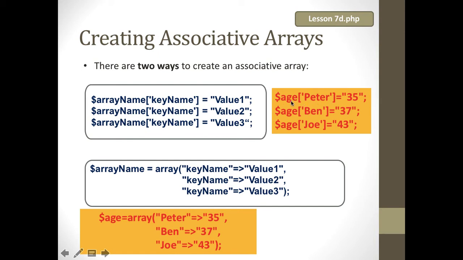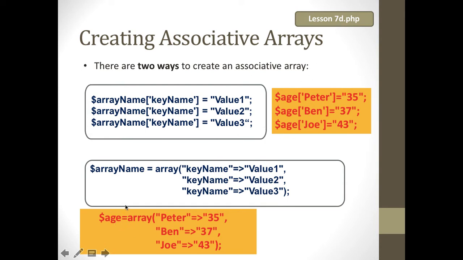Start with the variable and then change the value inside the box. Normally for a numeric or index array, you put 0, 1, and 2, but for associative array, you change them into a string value. In this case, we put Peter, Ben, and Joe, and then you assign the values. That's the number one style.